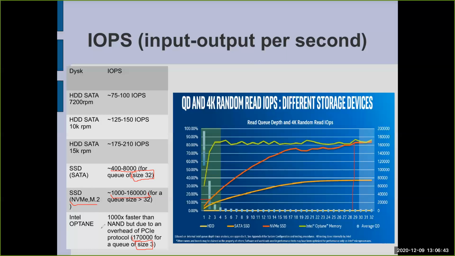If we have Intel Optane, the access to the memory cell is faster. Even though we have a queue of size 3, so we don't have parallel channels, we can get this data very fast.